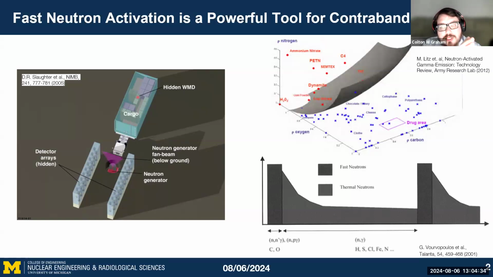But the issue with this is that in order to try to achieve the same total neutron flux as with a comparable continuously operating generator, you have to essentially cram all those fast neutrons into a small time region. So during that prompt time region, you have a relatively intense fast neutron flux, which induces a high degree of pileup in whatever detector you're using to sense those gamma ray signatures.